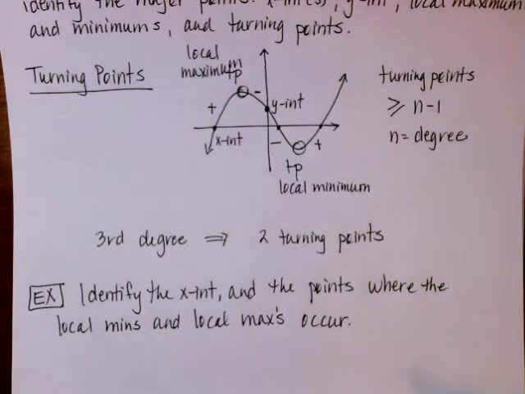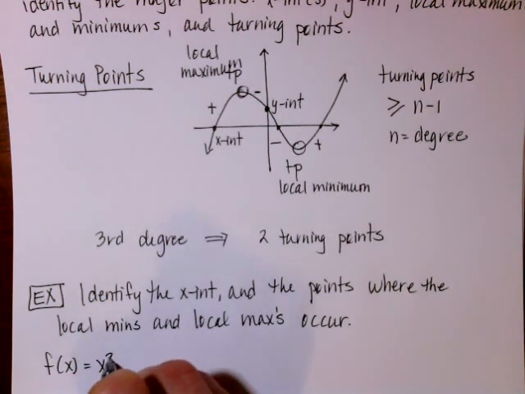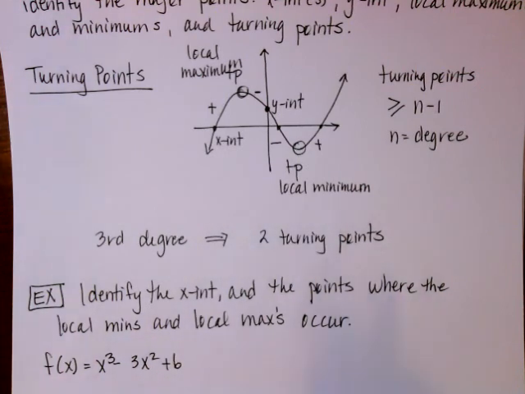So let me give you the function. F of x is equal to x cubed minus 3x squared plus 6.